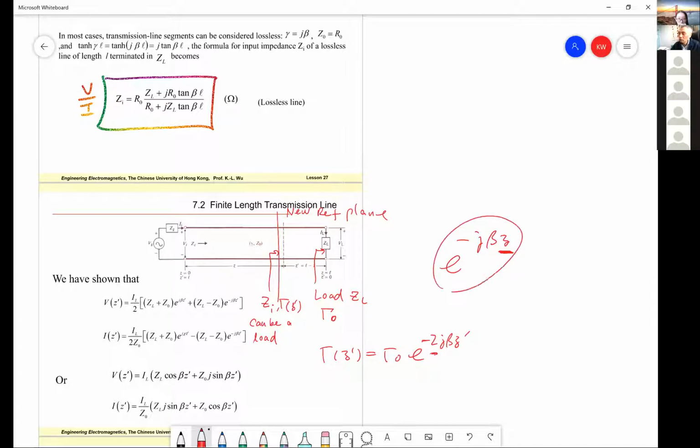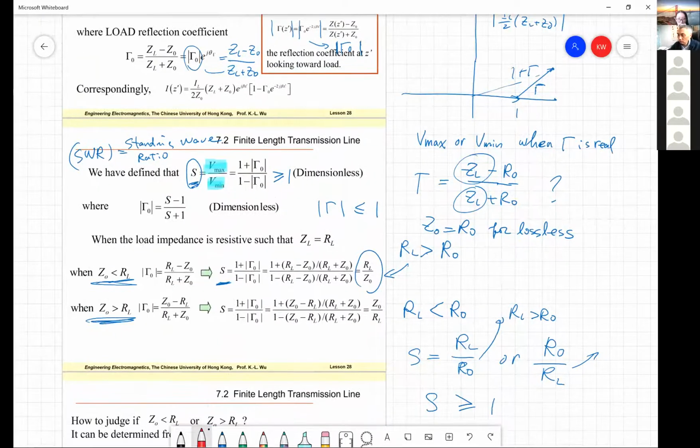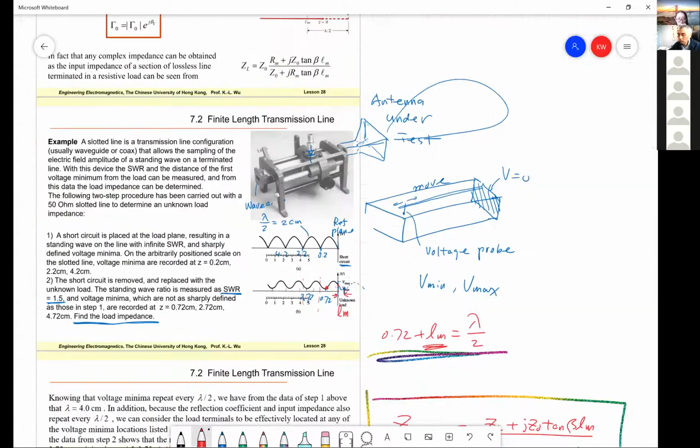So when we look at this, we know this is a traveling wave. That's all we need to remember about transmission lines.